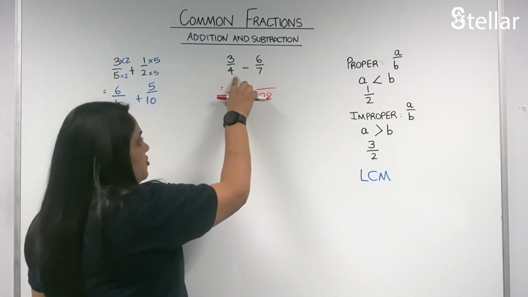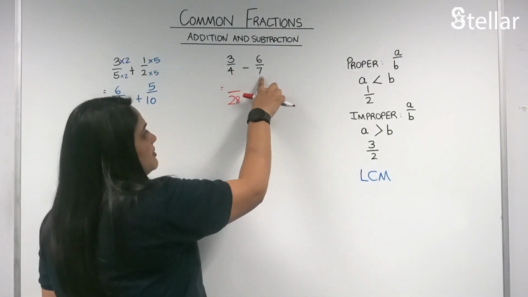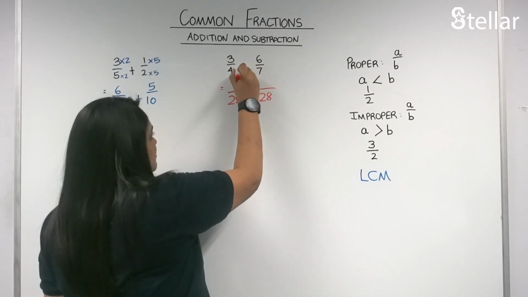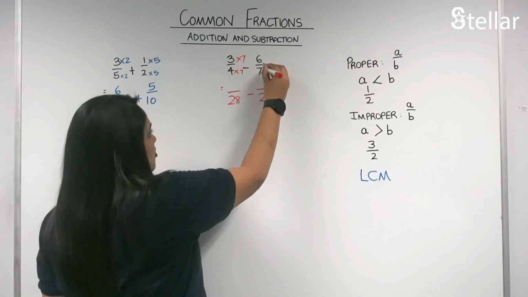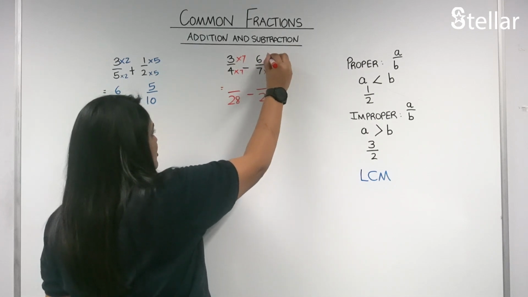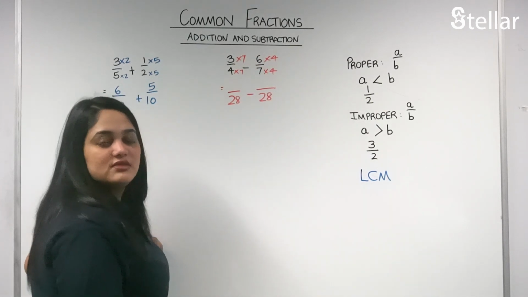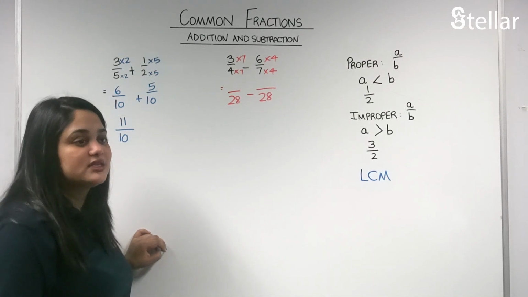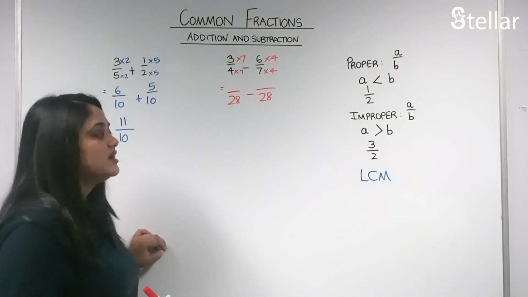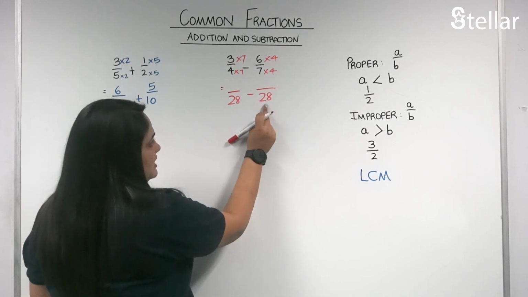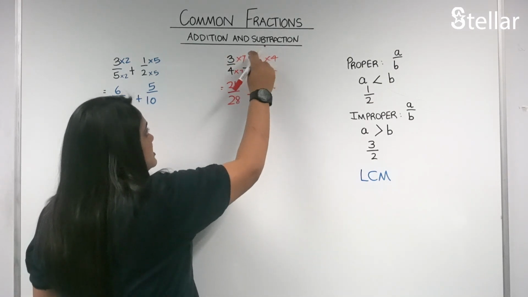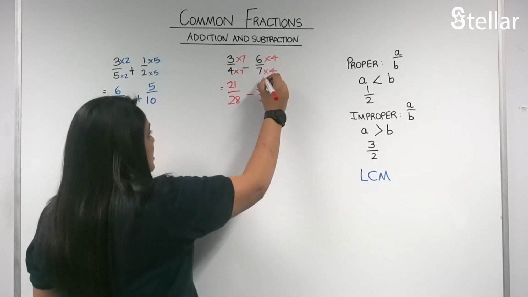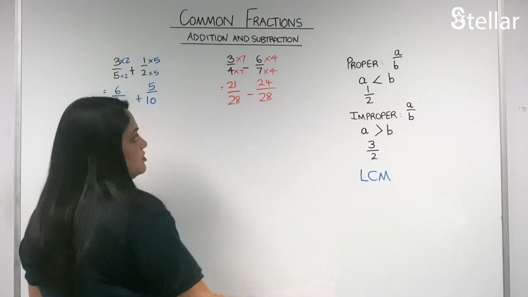What times 4 is 28? Remember, if this is 7, it's going to be times 7 times 7. If this is 4, it's going to be times 4 times 4. Can you see how much simpler it is if you're using those rules? So we already have 28. 3 times 7 is 21. 6 times 4 is 24.